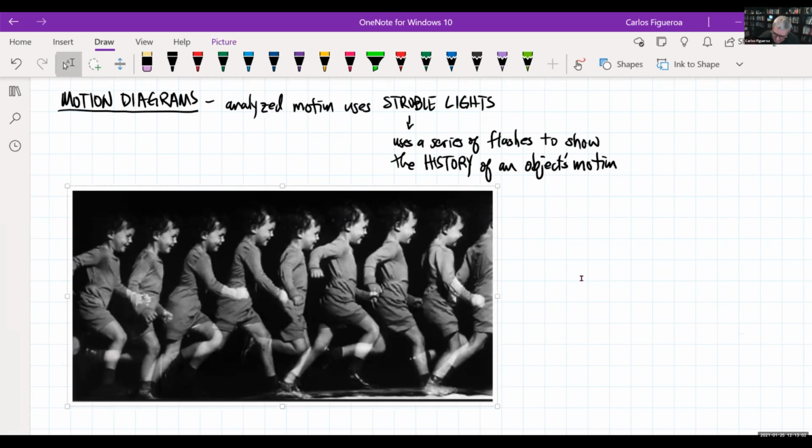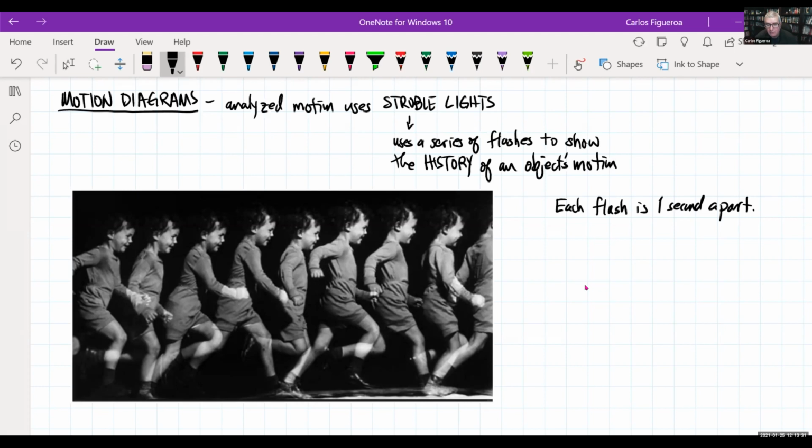To make it nice and simple, I'm going to say that each flash is 1 second apart. Is that true? No. They're much smaller than that. But in this case, I'm going to say that they're 1 second apart.